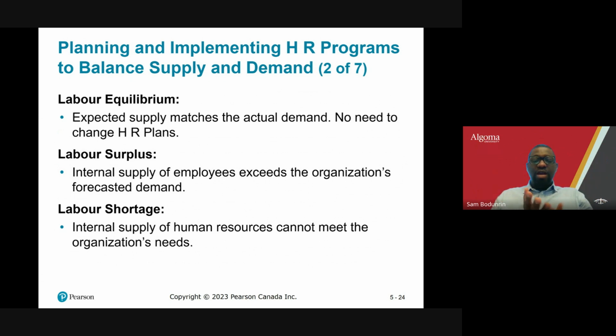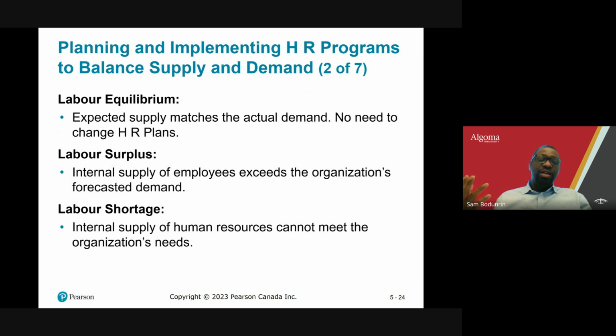So if there is surplus, that means internal supply is more than what we needed. If there are shortages, that means supply is lower than demand, and there will be more pressure on the people internally. They will work more, and there's going to be pressure on them. So you don't want to hire too many people, and that will lead to cost.